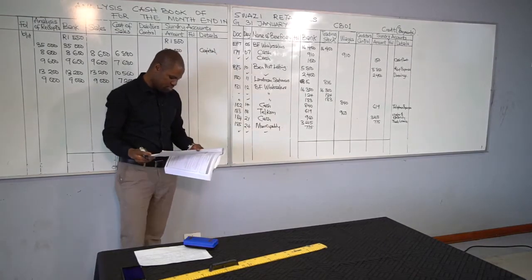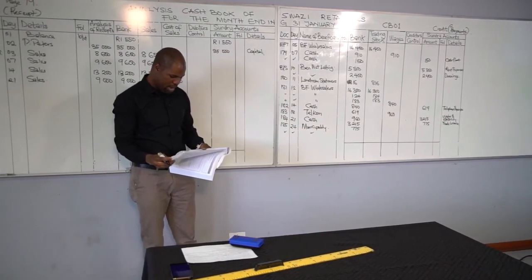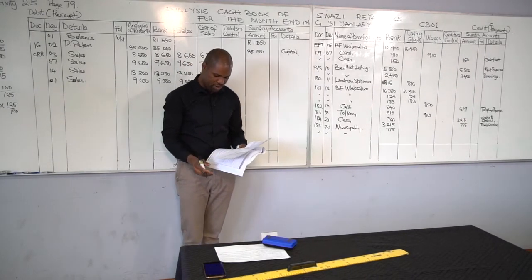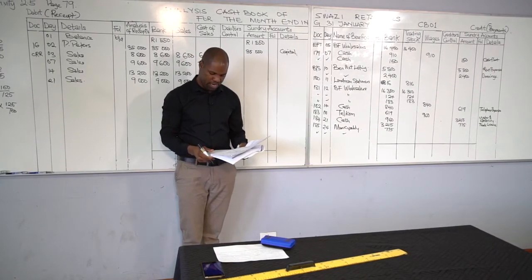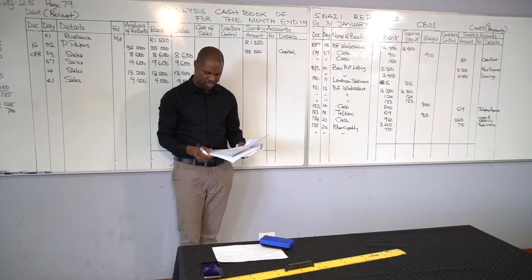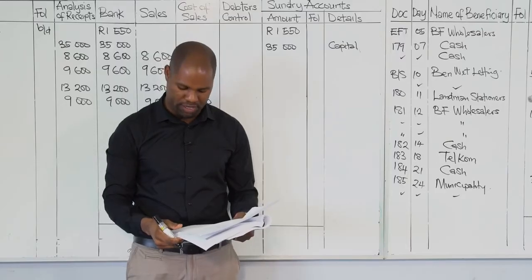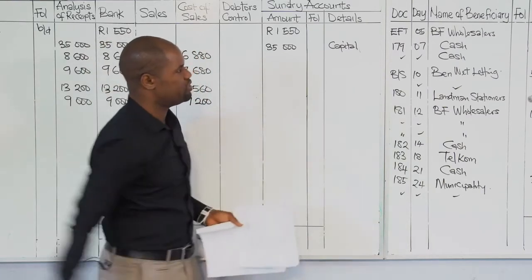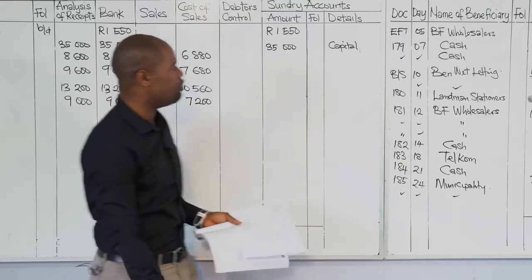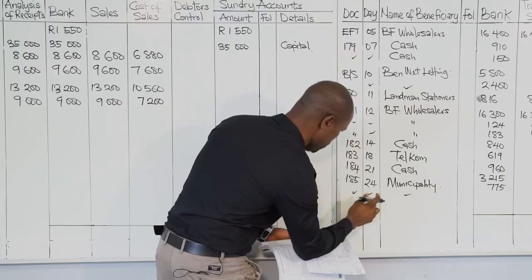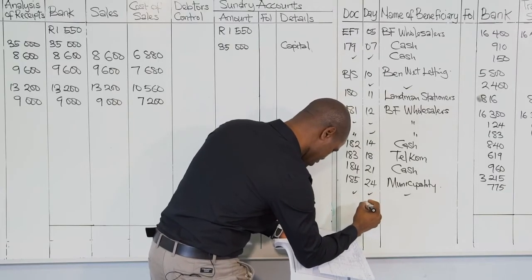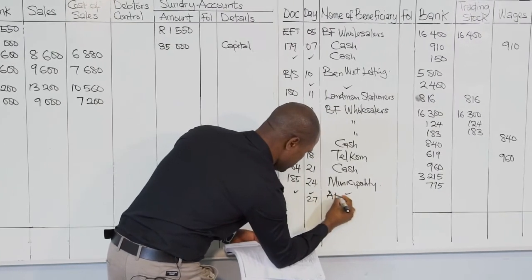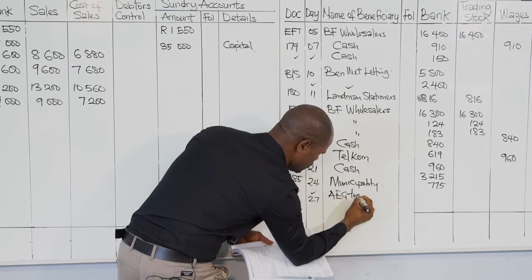All right, on the 27th, some amounts were paid by Mr. Peter for a monthly insurance premium to AEG Insurance by stop order. And because it is a payment, it will also be recorded on the credit side of the cash book. We only have the date. The date is going to be the 27th, and the beneficiary is AEG Insurance.